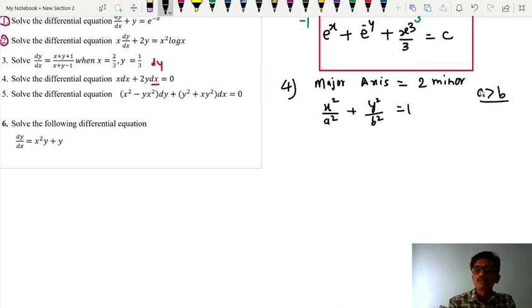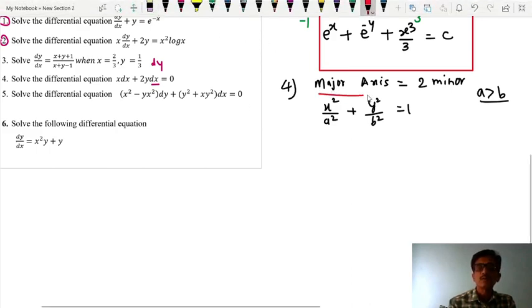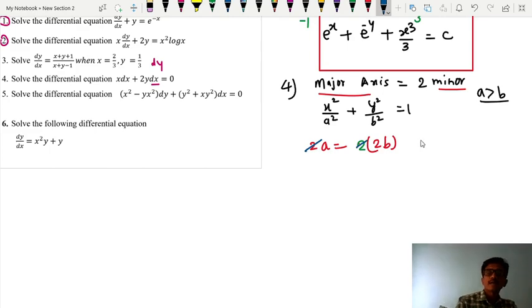The length of the major axis will be 2a and the length of the minor axis will be 2b, and this is 2 times. So clearly this 2 is getting cancelled here, and a will be equal to 2b.